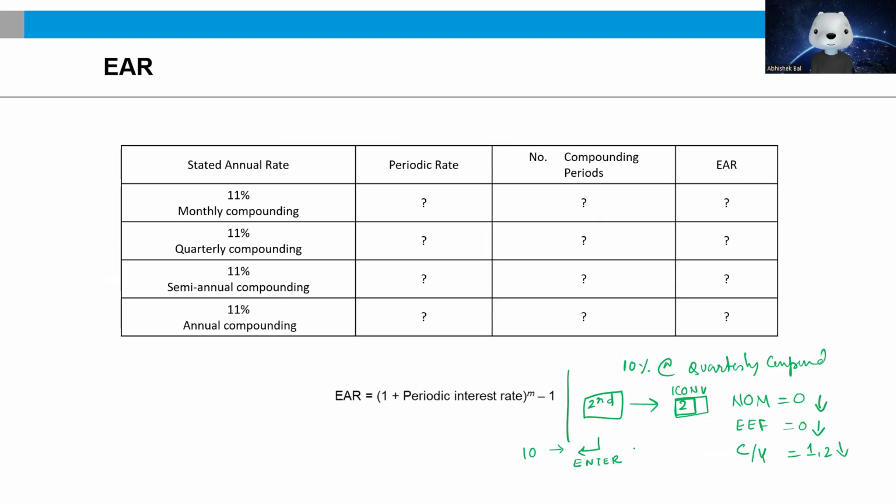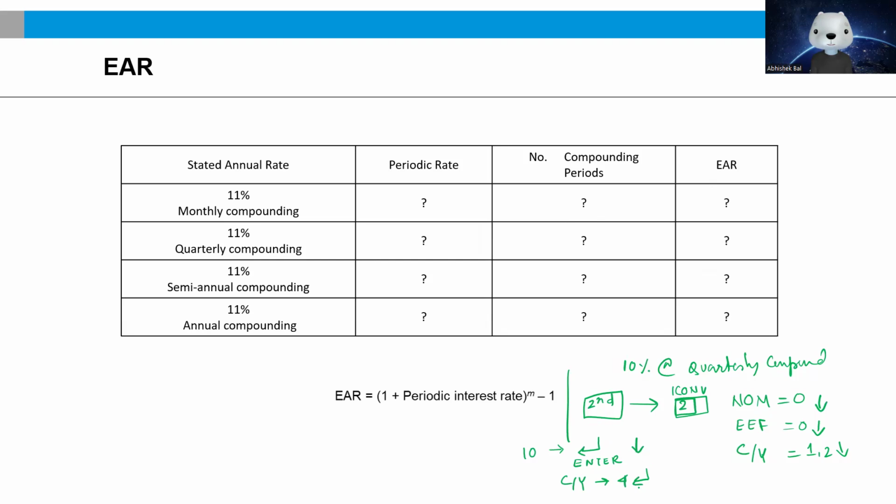And then press the down key. Ignore the EFF. The EFF will be showing you by default 0. Press the down key again, and depending upon how your calculator is set, it would show you either 1 or 2, as I've stated. Once you come to C/Y, I want you to press the button 4. Press the button 4 and then again enter.